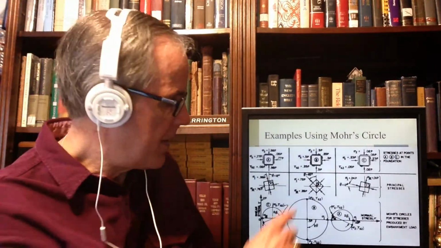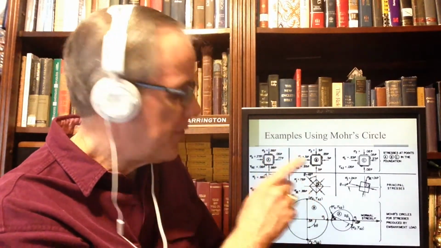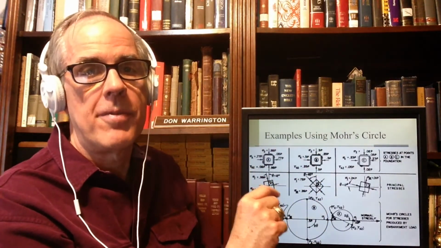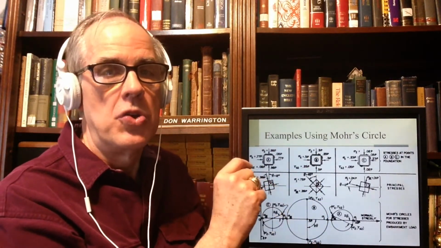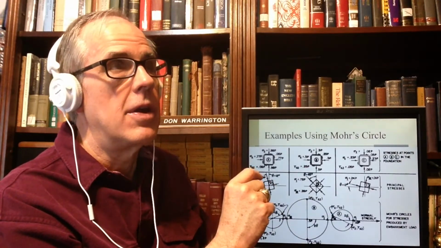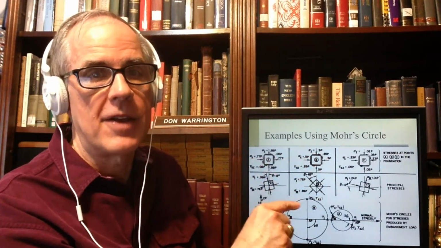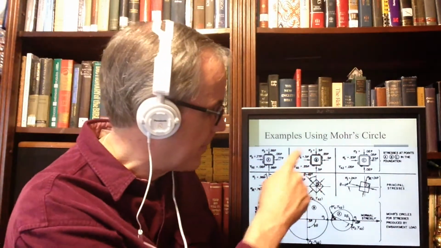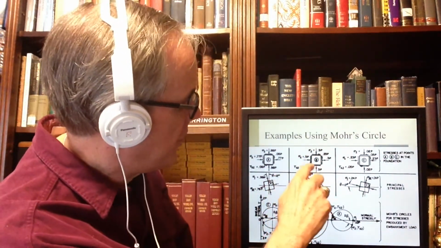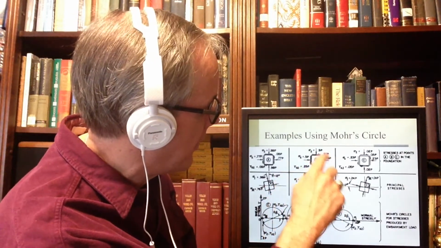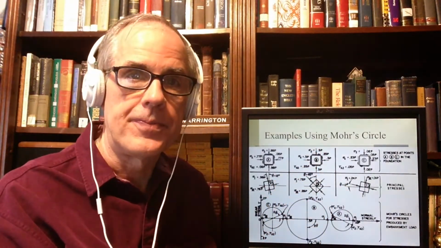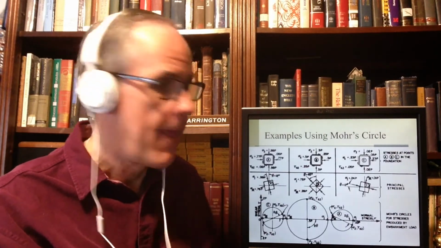Now we're going to pick one in the middle. This is interesting because I mentioned to you a few minutes back the stress state, the orientation at which you have maximum shear. This is it right here, people. You'll notice that the two normal stresses, 0.5, are equal. They're the same.